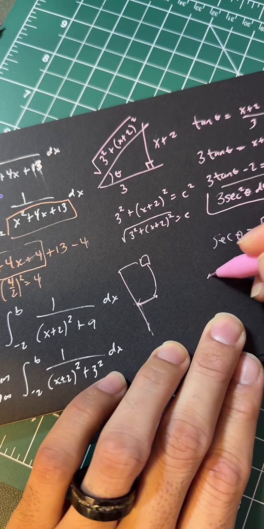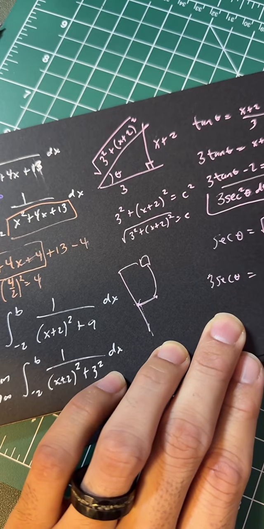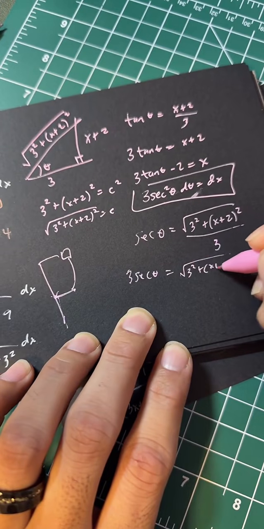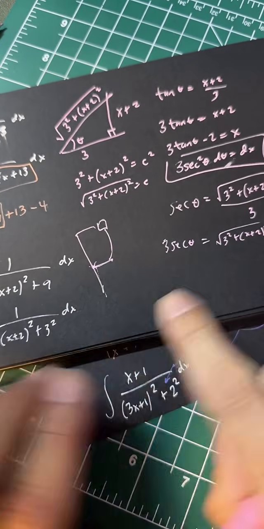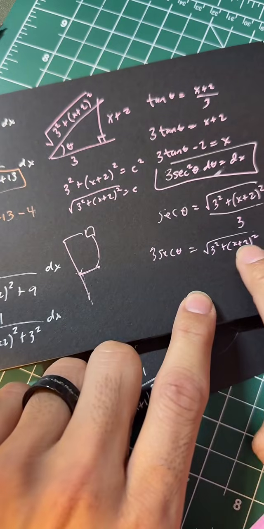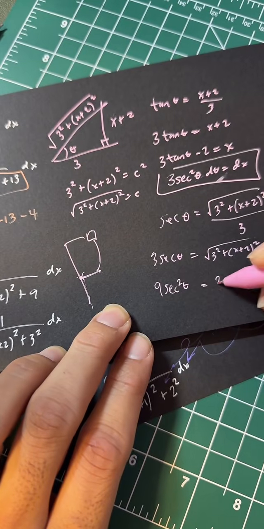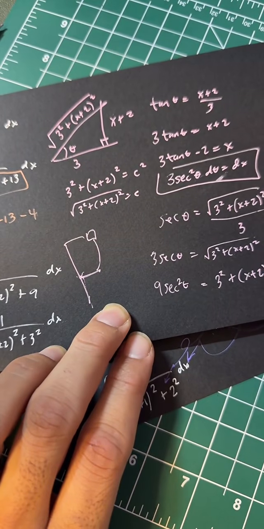Move the 3 to the other side: 3 secant theta is equal to the square root of 3 squared plus (x plus 2) squared. But let's not forget, we don't want the square root, so we're going to square everything. We get 9 secant squared theta is equal to 3 squared plus (x plus 2) squared.